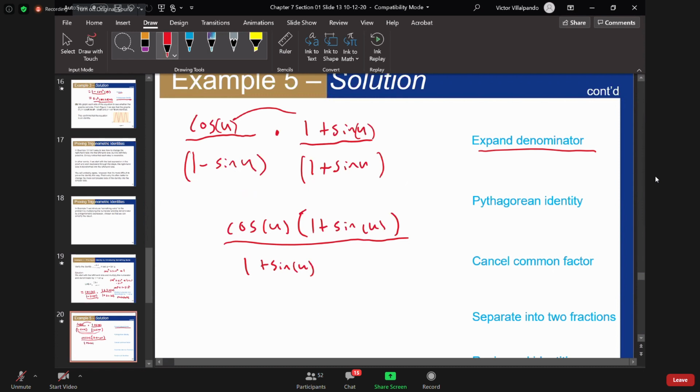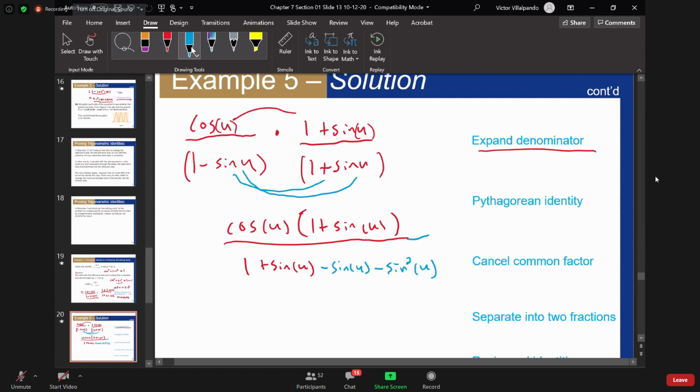I can use a different color. Then we have negative sine times 1, which is negative sine u. Hopefully now you can see what's going to cancel out. And then we have negative sine u times sine u, which gives me negative sine squared of u.